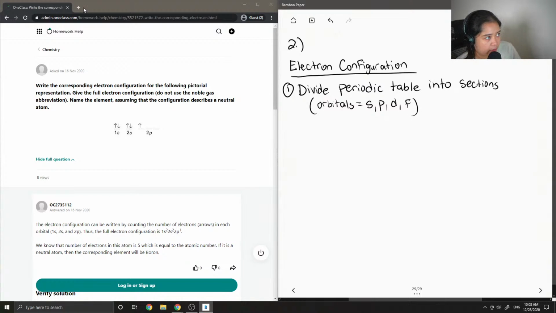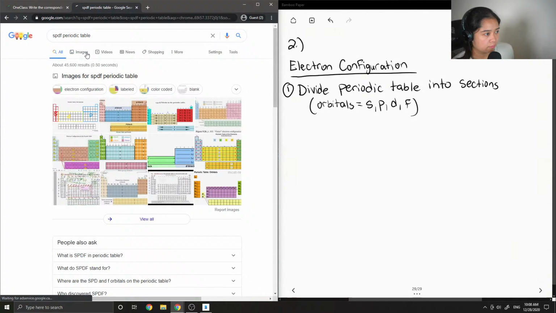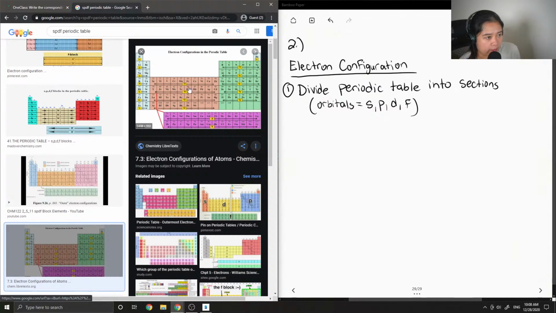So I'm going to search what this will look like on Google. Okay, and you should get something that looks like this. So the light blue section corresponds to the S orbital along with helium. And this green rectangle is the P orbital.